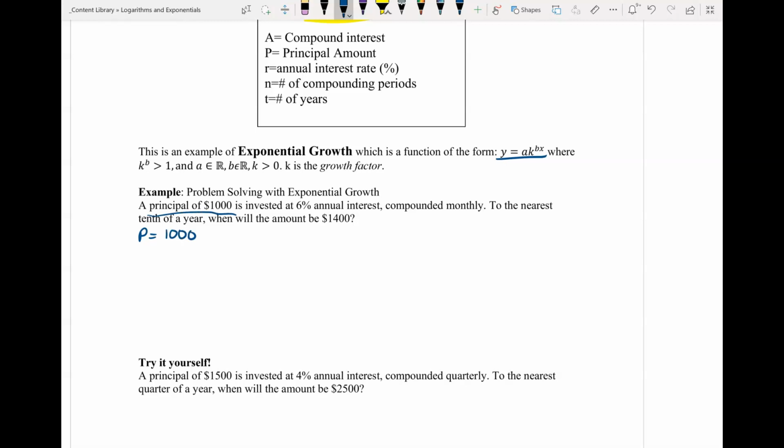We're also given a percentage of 6% as our annual interest rate, and we can convert this into a decimal by dividing this number by 100. The next part says compounded monthly. That means N is 12 because there's 12 months in 1 year.